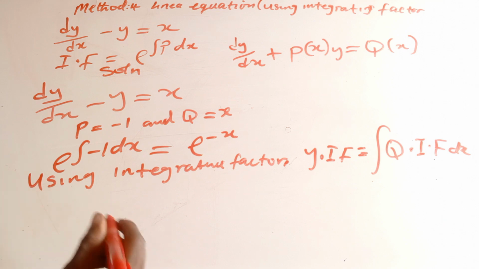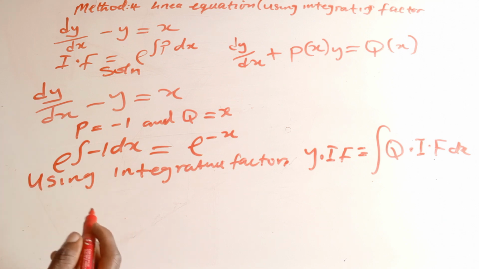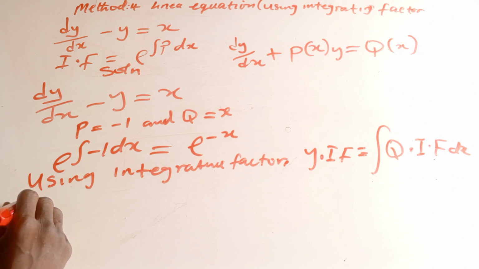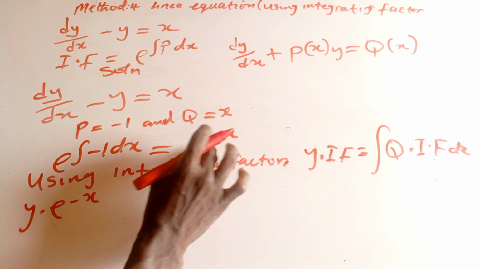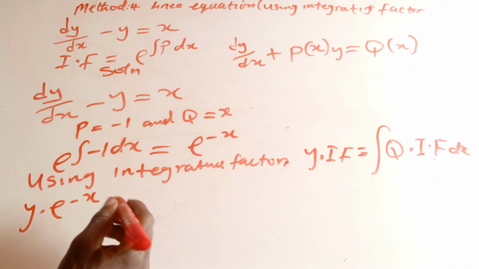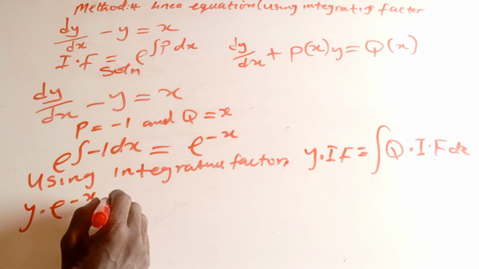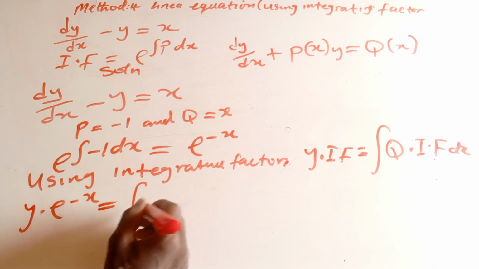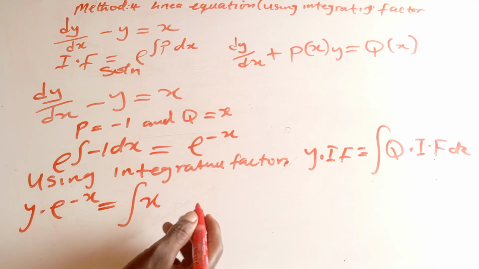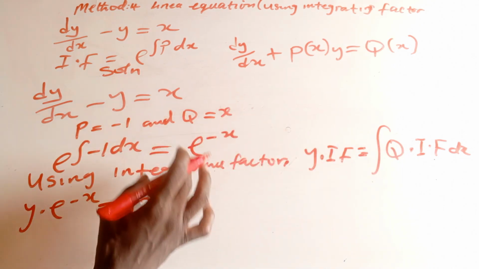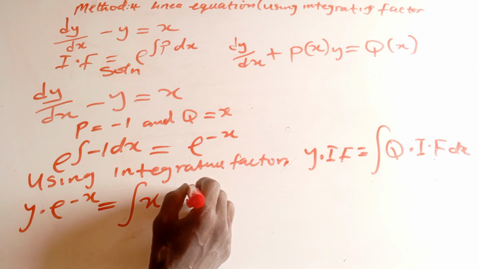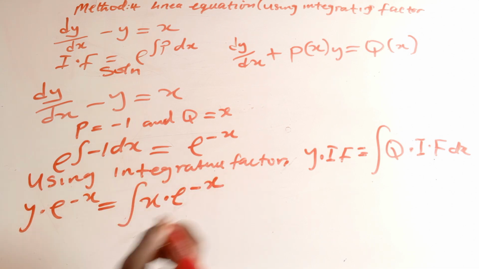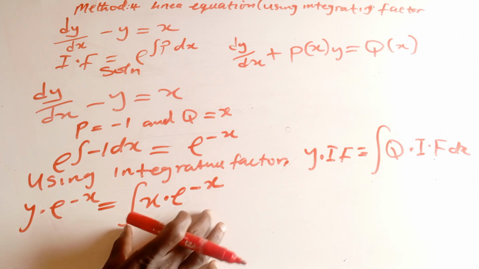We substitute the integrating factor we got. We say y multiplied by exponential minus x is equals to the integral of x, since q is x, multiplied by the integrating factor exponential minus x, dx.